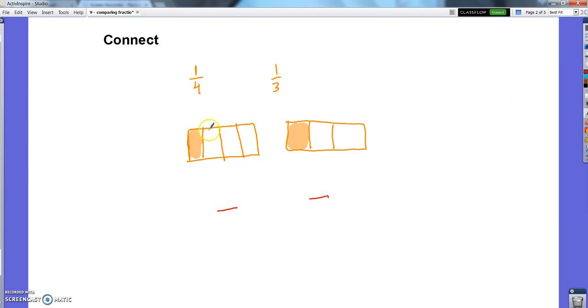So what we did is we figured out, well, if I partition this twice, and I partition this 3 times, now this has 12 pieces, and this has 12 pieces, and this is 3 out of 12, and this is 4 out of 12, and I can see that a third actually is a little bigger.